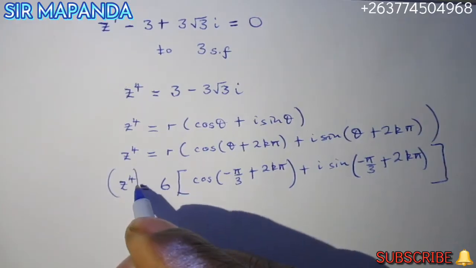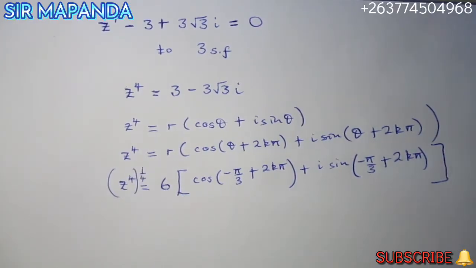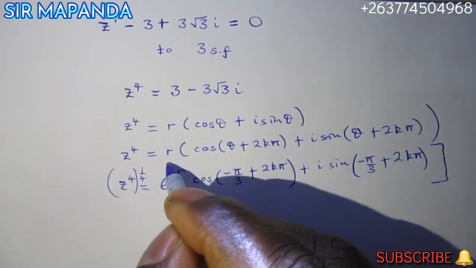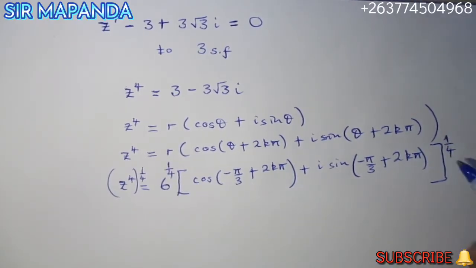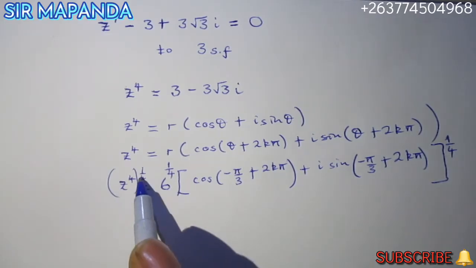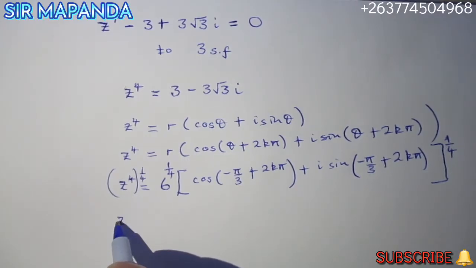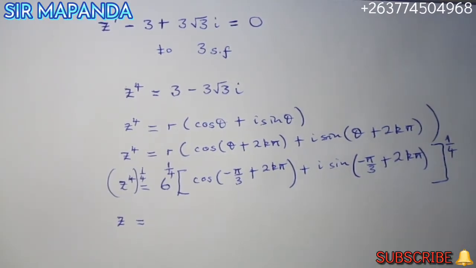So if I raise this by 1/4, you make z the subject. So 1/4 is going to affect 6 as well as this big bracket. Everything, right, is going to be affected by 1/4. The 6 as well as the big bracket. So if 4 and 1/4 cancel each other out, you will be able to make z the subject of the formula.